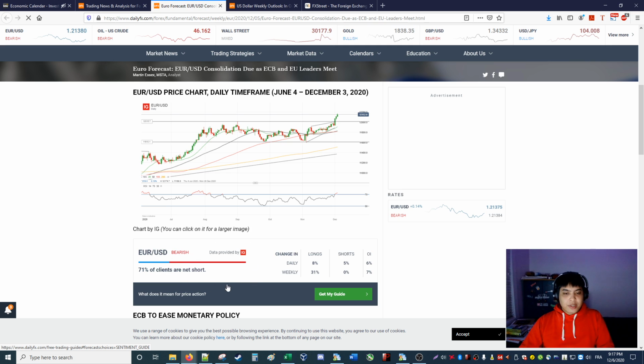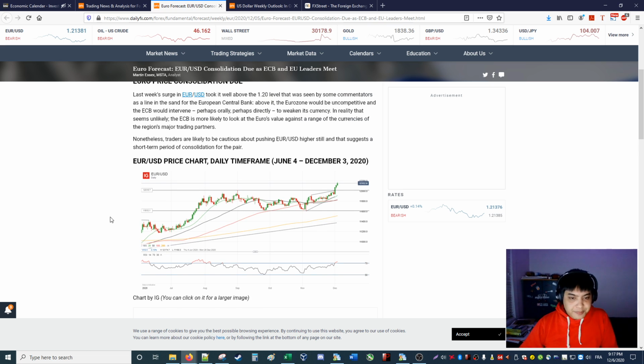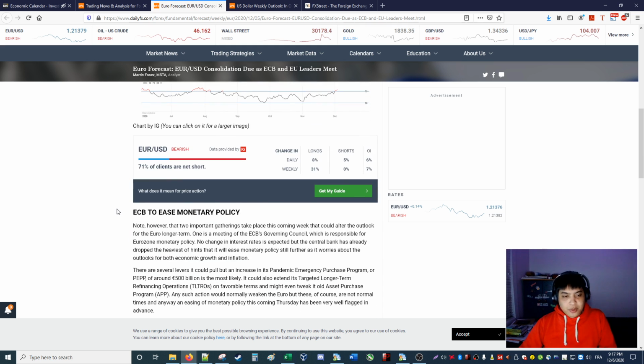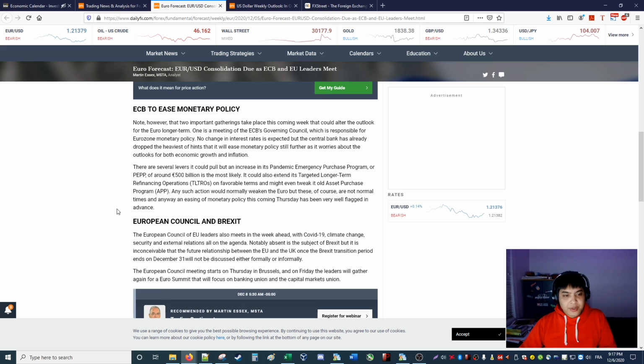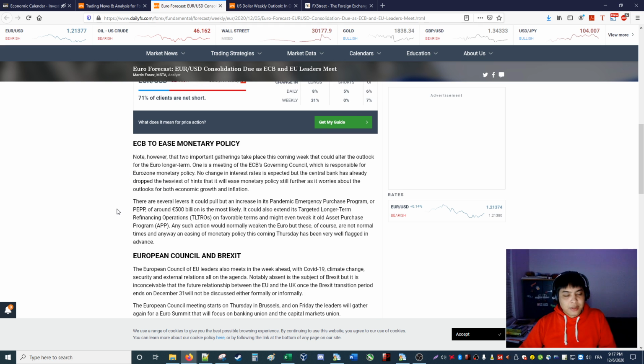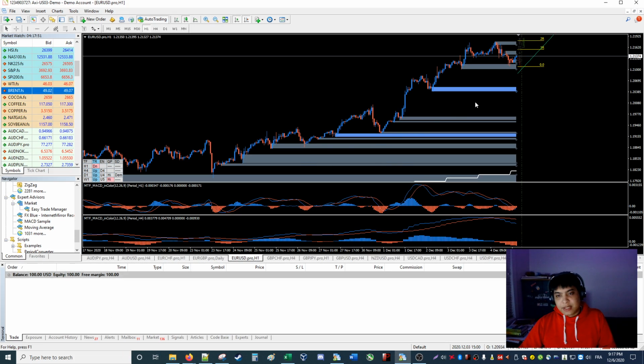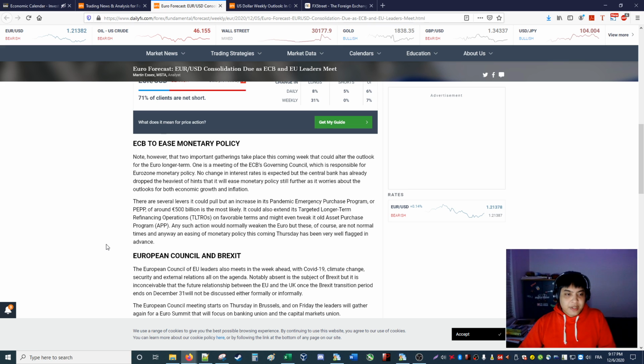Now, most people are short, so they want to sell it, but most people lose money too, so maybe we would go long. And if we go long, that would match what we have here. ECB to use monetary policy.